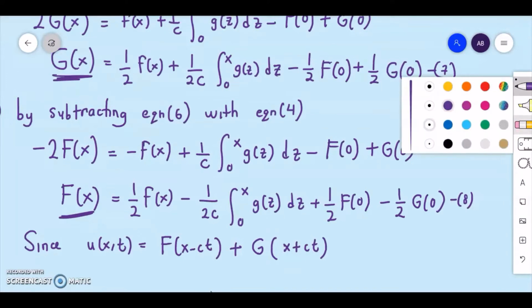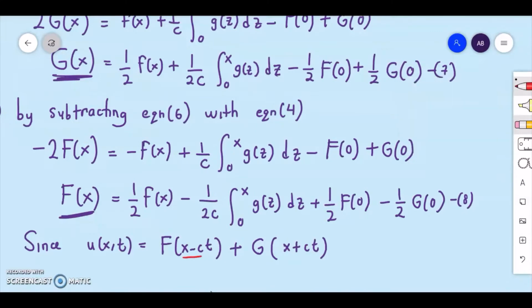This is my x here. So when I see x in this equation 8, I'm going to change it to x minus ct, okay? So that's the change I am going to do next.